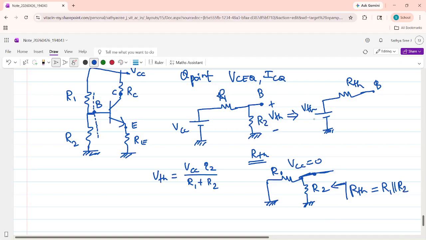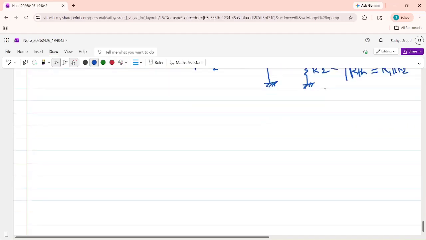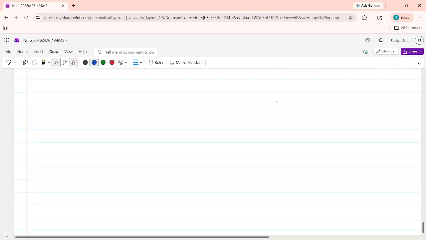So I know VTH, I know RTH. Now I am going to replace this VCC, R1 and R2 by VTH and RTH. I will redraw the circuit.